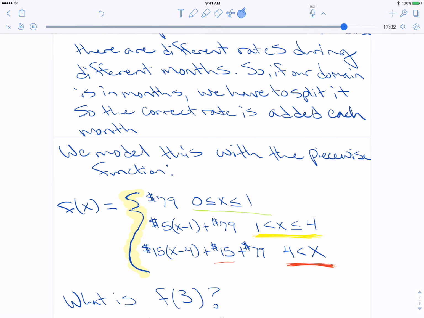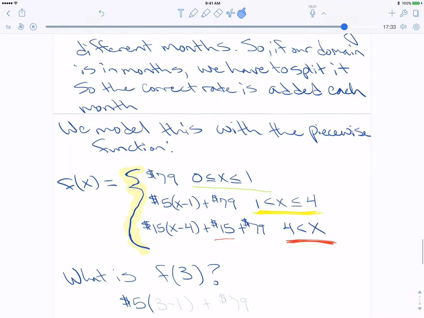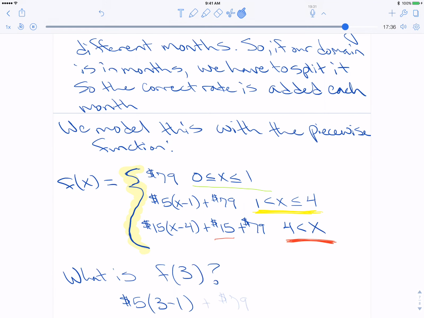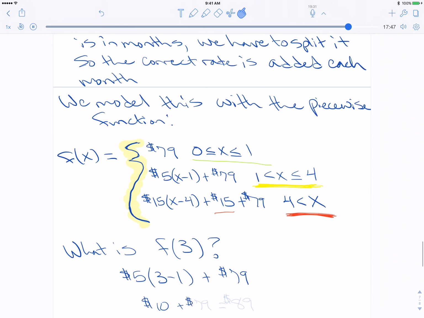I substitute a 3 in for my x, so I have $5 times 3 minus 1 plus the $79 to determine what I would pay at the 3rd month. 3 minus 1 gets me a 2, so that's $10 plus $79, and that is going to get me a lovely $89 total. So after 3 months with this, I will have spent $89 on that particular tablet.